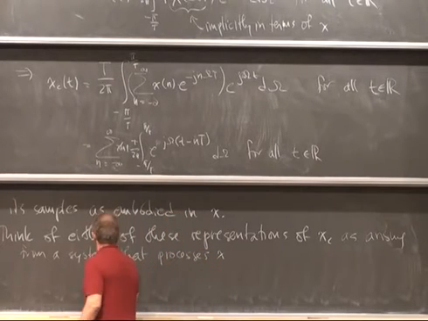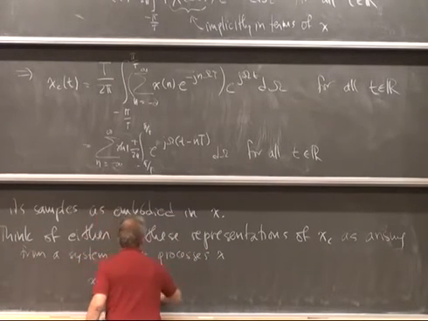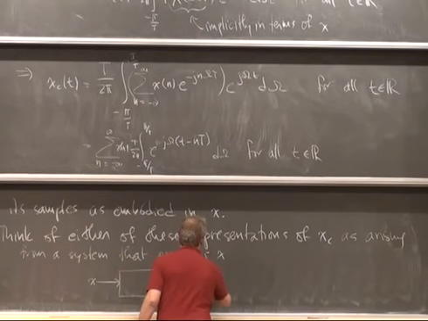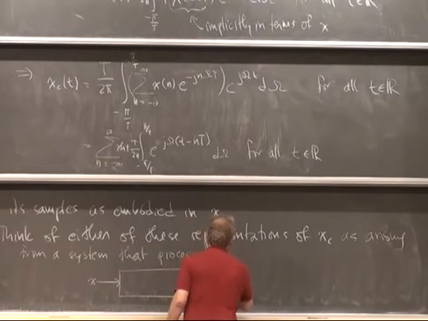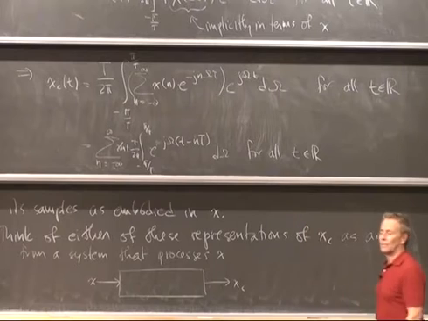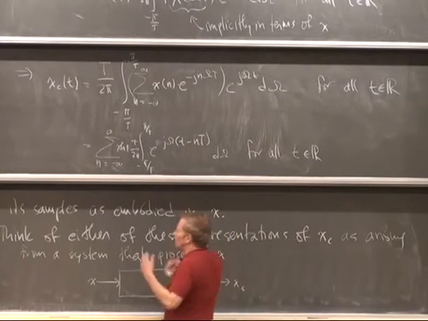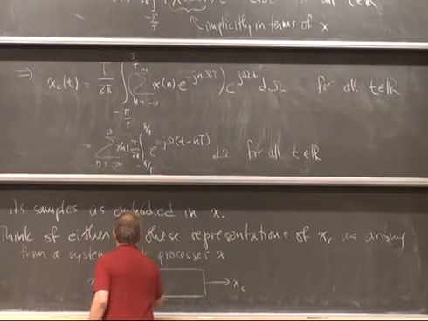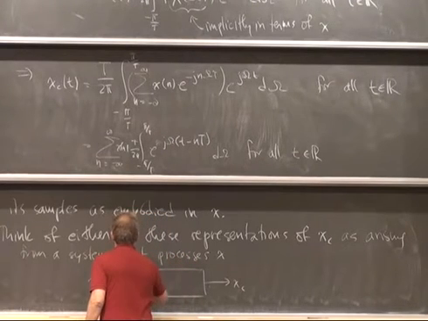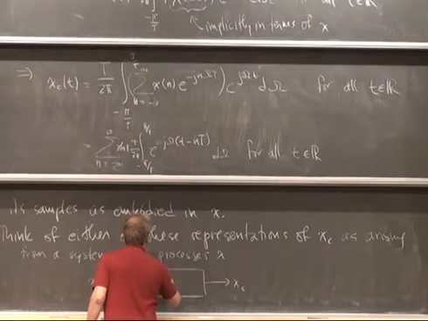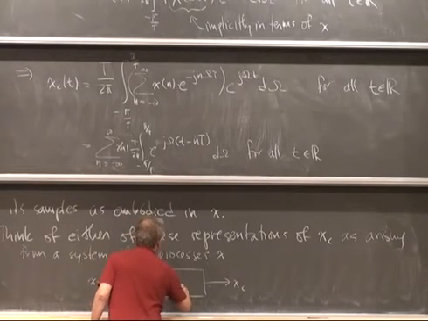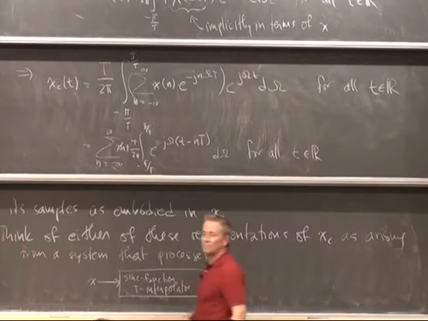So x goes into this system, and out comes xc. What is the system? You can call it anything you want. I'm going to call it a sinc function T interpolator.